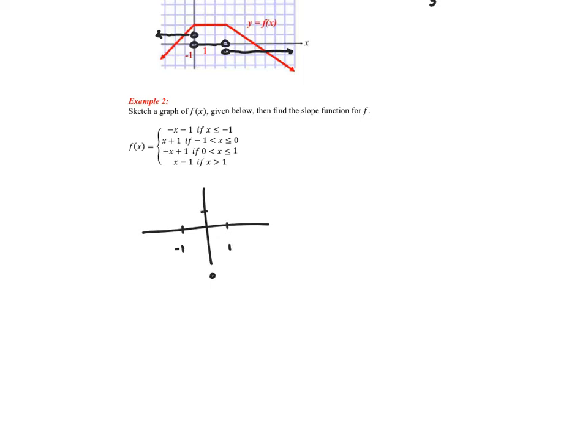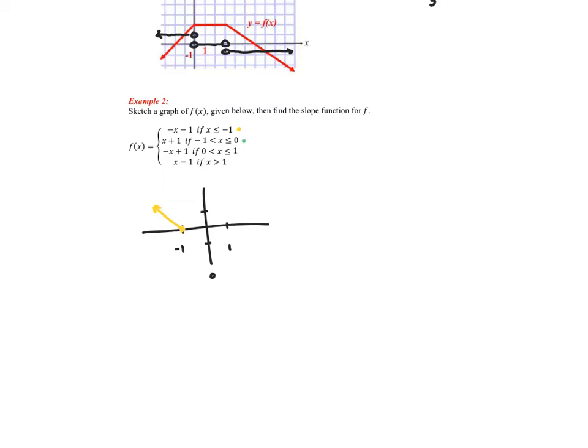So f of x equals negative x minus 1 if x is less than or equal to -1. So we would have a slope of -1 here on that portion of the graph.